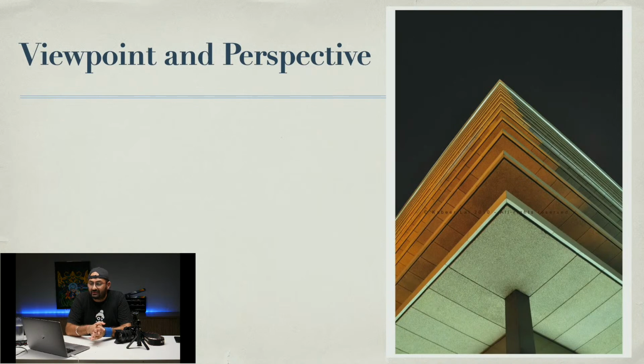Then you have something which is called viewpoint or perspective. Now viewpoint and perspective changes from person to person, place to place, things to things. If you're doing food photography, this is a tip: perspective really works. And if you shoot macro, that is where perspective is all amazing, because you're very, very close to your subject.